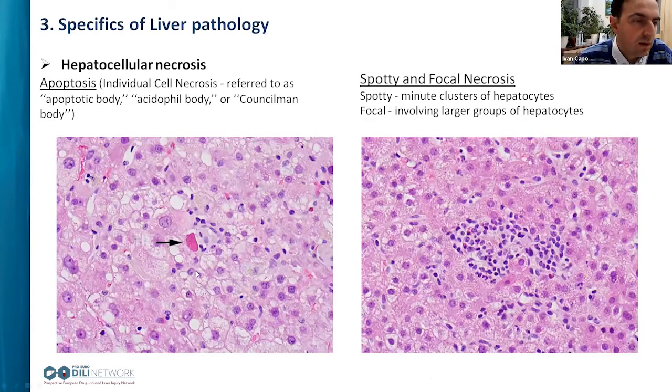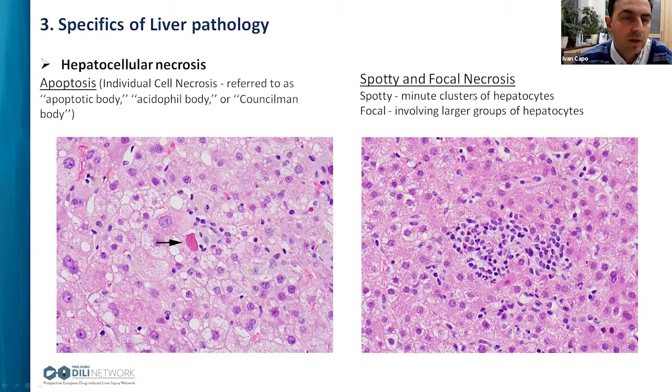So the histology findings in apoptotic hepatocytes, we usually know as apoptotic bodies, acidophil bodies, or we say councilman bodies, which are usually found in some hepatitis or viral infection, but also we can find them as rare occasional findings in drug-induced liver injury models.